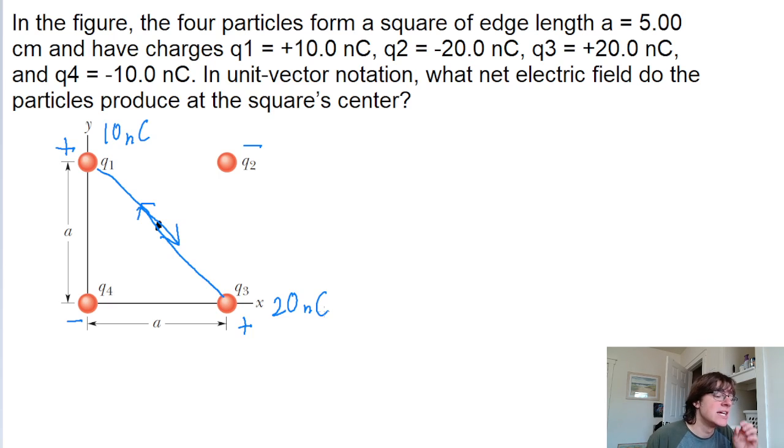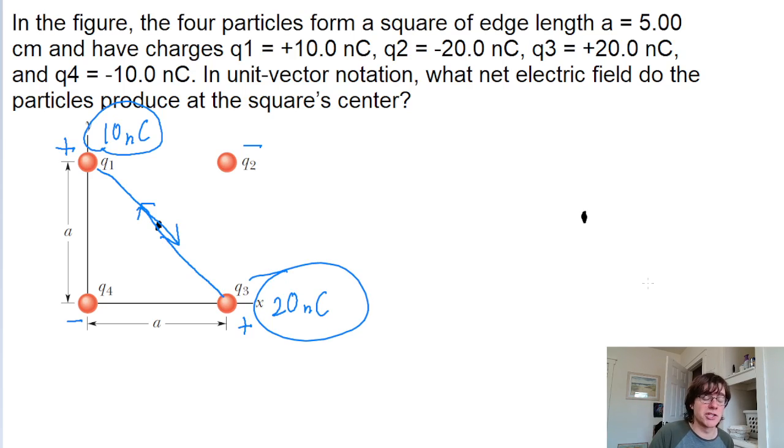But in this case, since Q3 has a greater charge than Q1, that means that there is an excess at charge 3 if we want to try and cancel some things out. But that still helps us, because we can still imagine that these 10 nanocoulombs from charge 1 are being cancelled out by 10 of the nanocoulombs from charge 3.